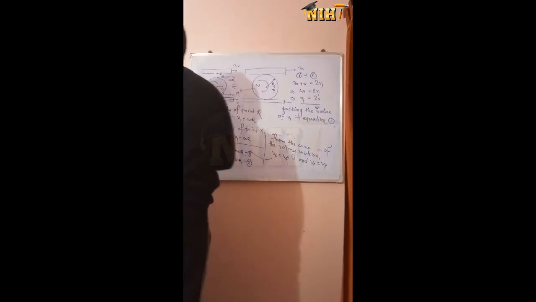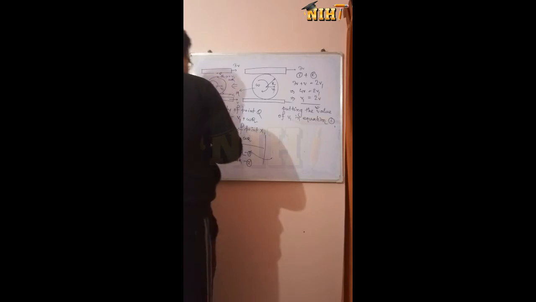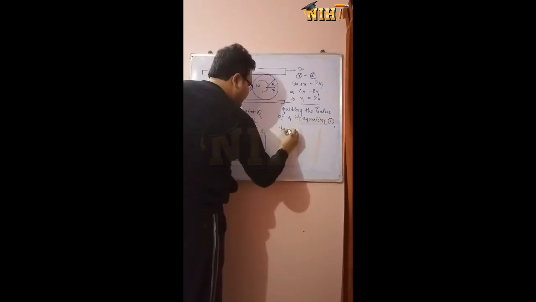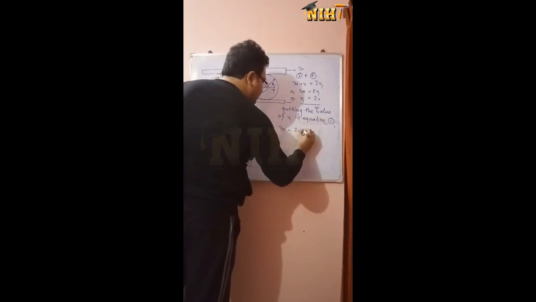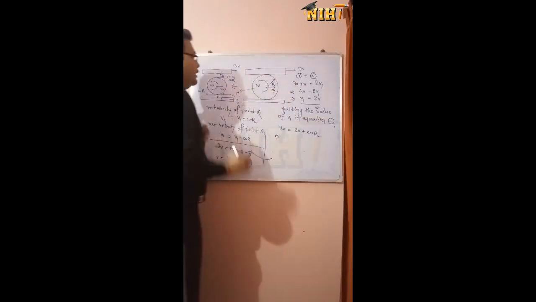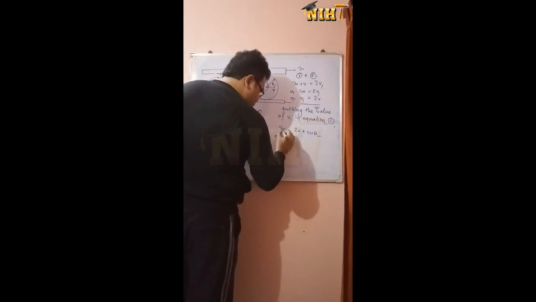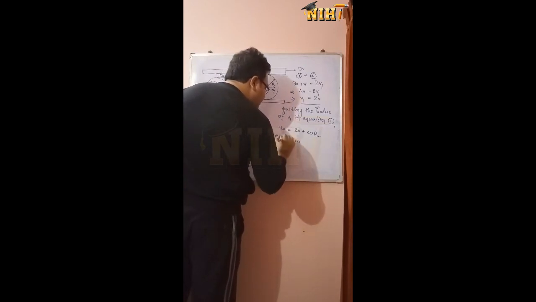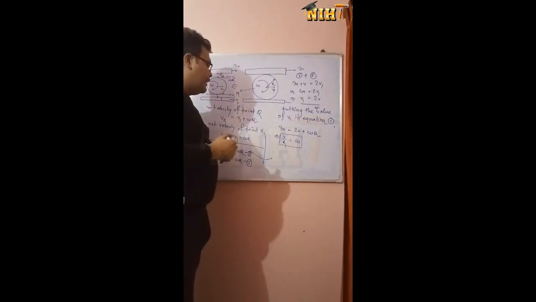So what will happen? That will give you 3V equals V1, which is 2V, plus omega R. So omega R is 3V minus 2V, that is V, so omega is V divided by R. Okay, so this is the answer, omega.